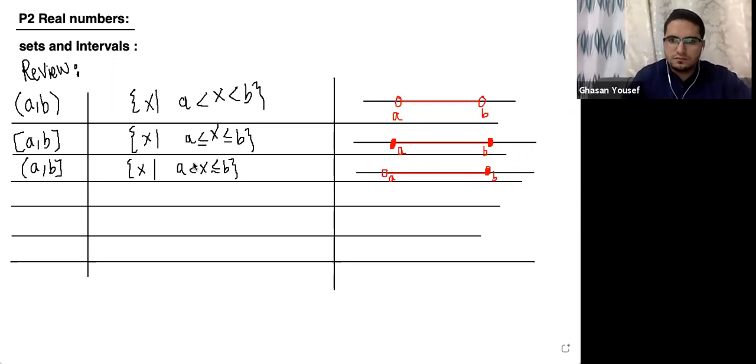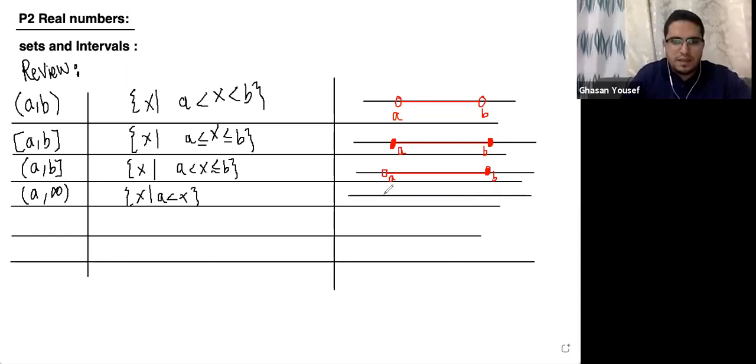The next one is from A to infinity: A, comma, infinity. Again, all values from A going to infinity, all values greater than A. Here is the x, and here's the line.